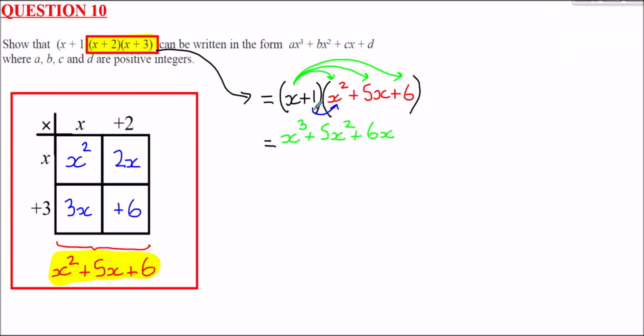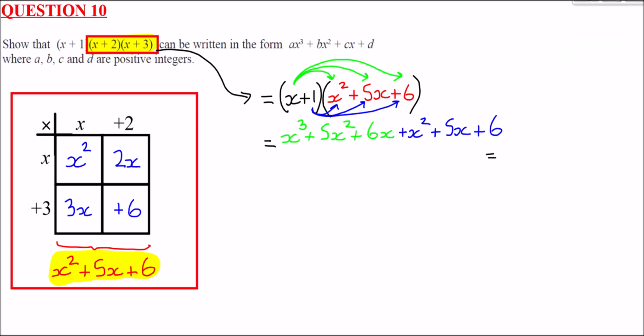So I do the 1 times x squared, I do 1 times 5x, and I do 1 times 6. 1 multiplied by anything just stays as it is. If you times by 1, it doesn't change the value. So this is going to be quite easy. 1 times x squared gives x squared. 1 times 5x is 5x. And 1 times 6 is obviously 6.